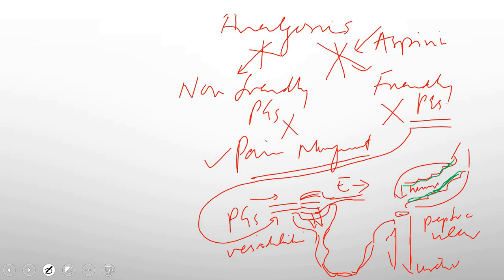So if there are no PGs here, if the friendly PGs are blocked, this will lead to ischemia, and renal ischemia will be associated with damage at the level of the vasa recta.